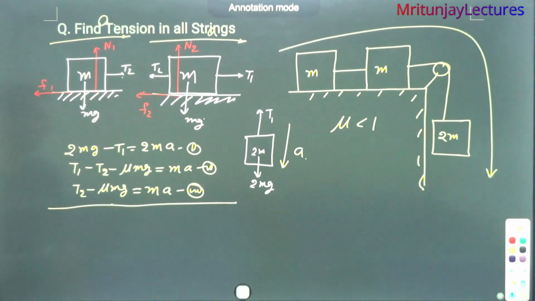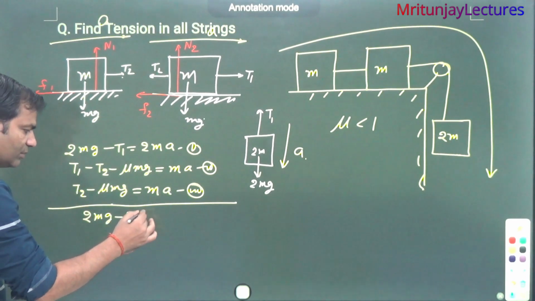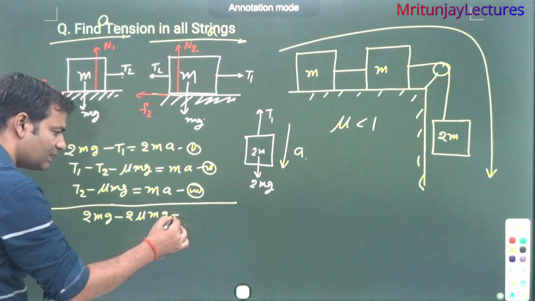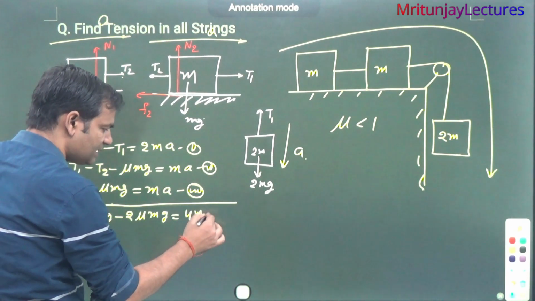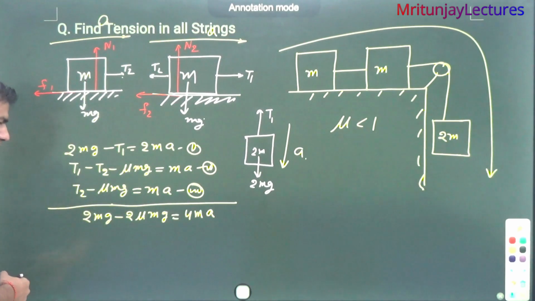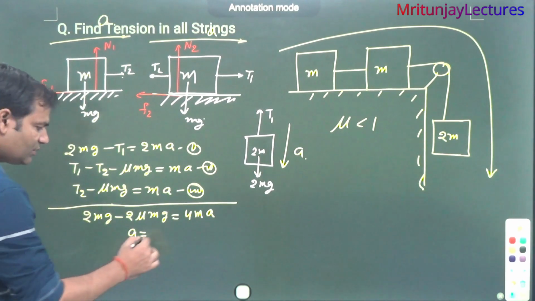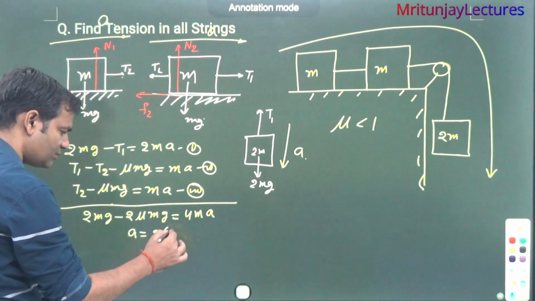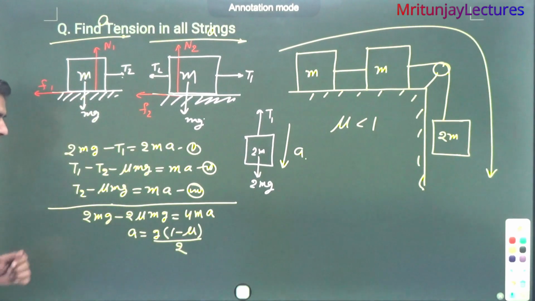If these three equations are added, we get 2mg minus 2 mu mg equal to 4m into a. So what about a? a is written as g into (1 minus mu) divided by 2, that is the acceleration of each block.